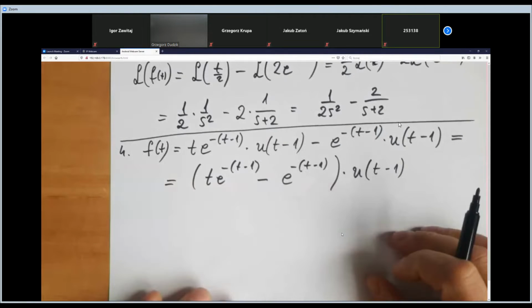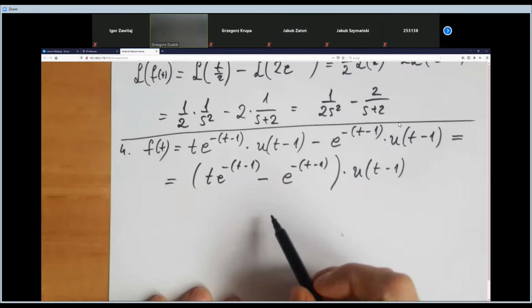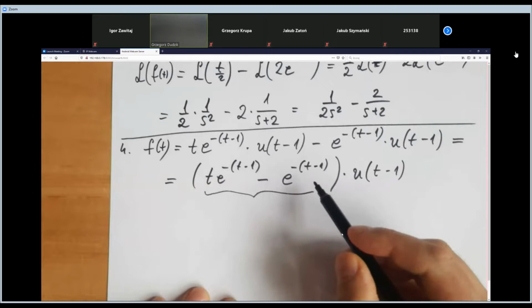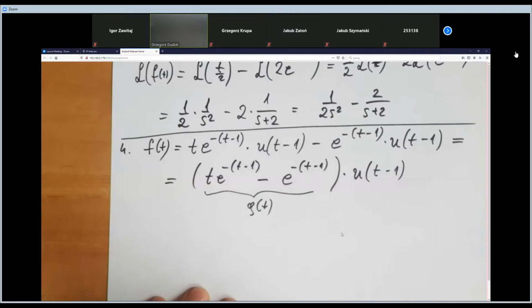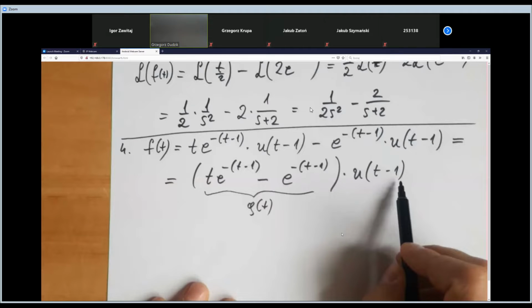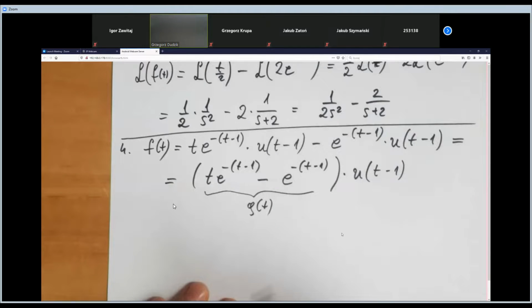So in fact, we've got again the same situation. Let's say this is our g(t) function, for example, times the unity function shifted by 1.